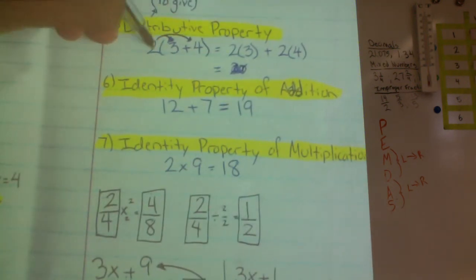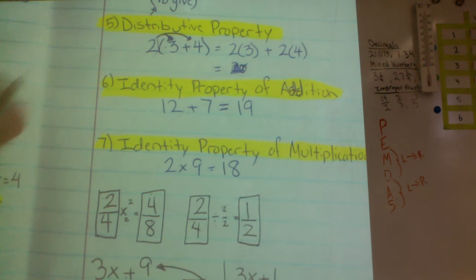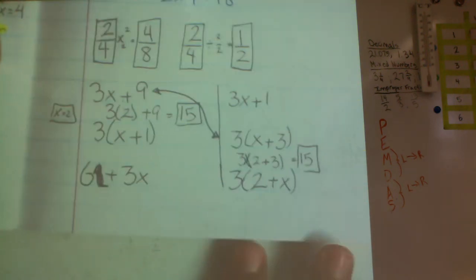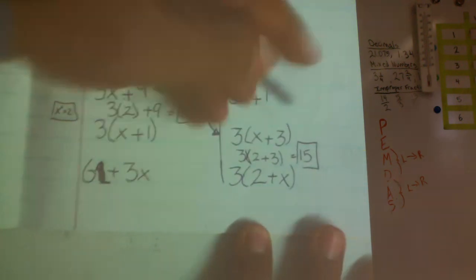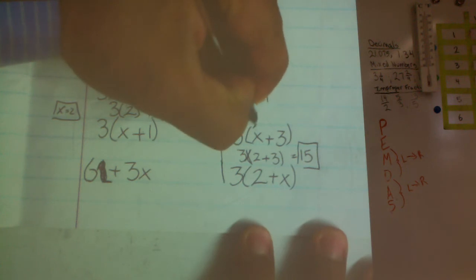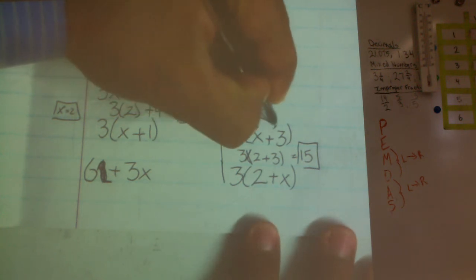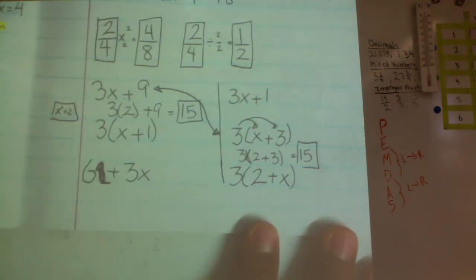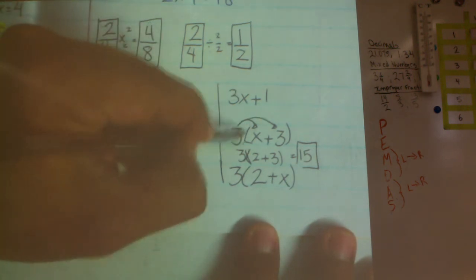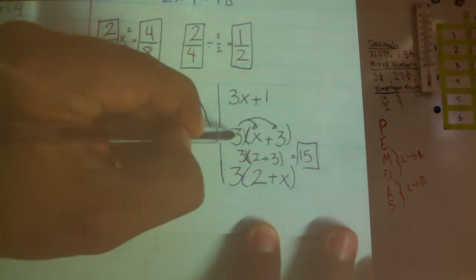If we look up here, this is a similar problem to this because we have a number outside and we have a parentheses. Okay, so what we're going to do is distribute the 3 in here. Remember, when we're distributing, we're multiplying.